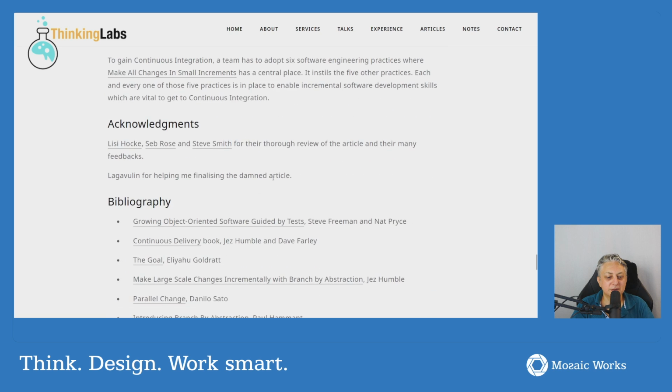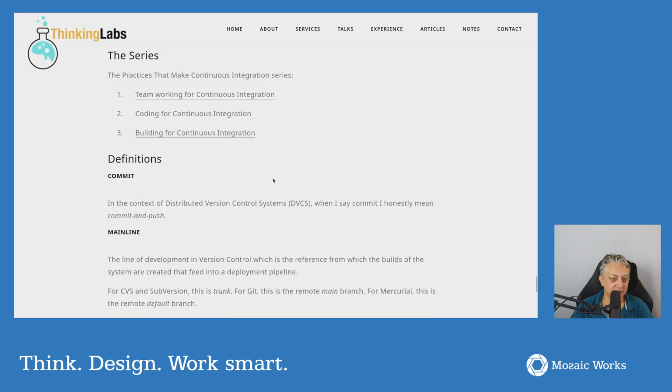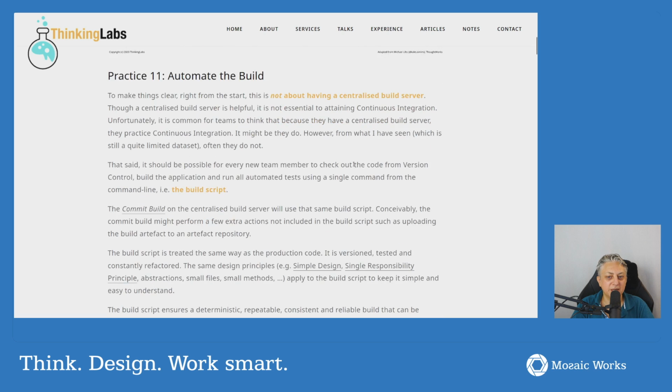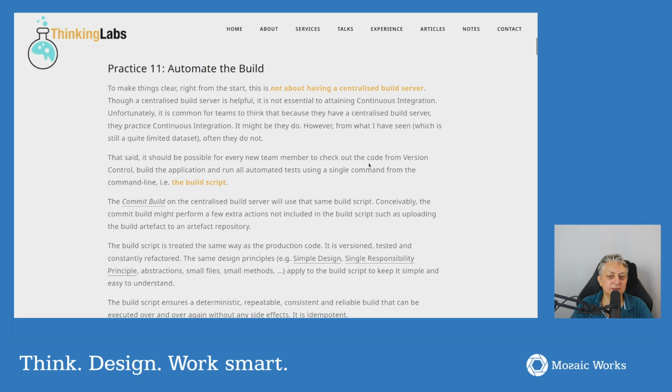Okay, so this is coding, let's say building. Building for continuous integration. Practice 11, automate the build. This is not about having a centralized build server. Yeah. You should be able to build your project from command line, from a script. Run one command, build everything.